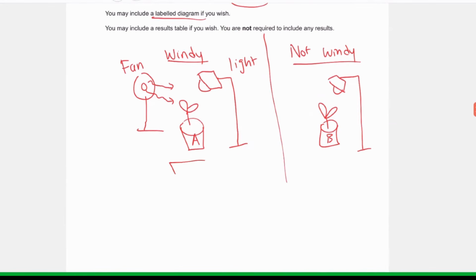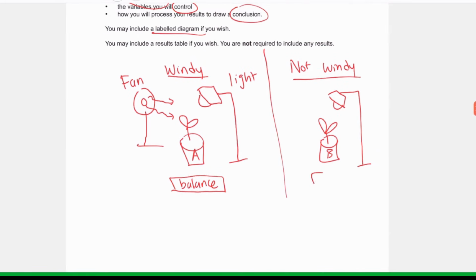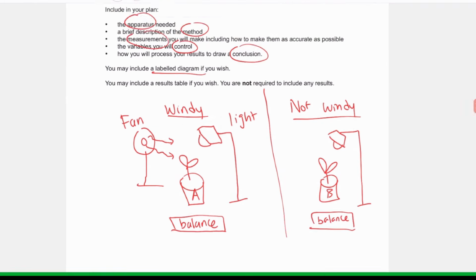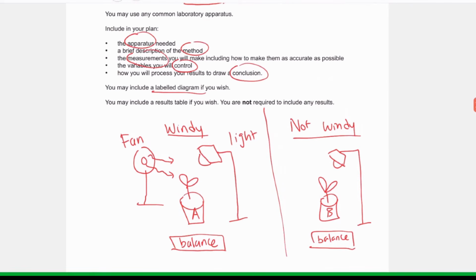And of course, we'll need an electronic balance to measure the mass of your plant before and after a certain time period. So make sure to include your balance here and simply put everything you've drawn down here into clear, concise points above. Apparatus, you'll need your fan, you'll need your lights, as well as your balance.